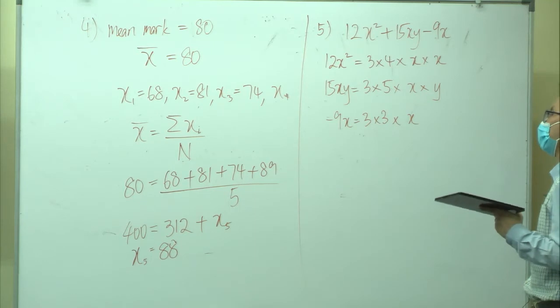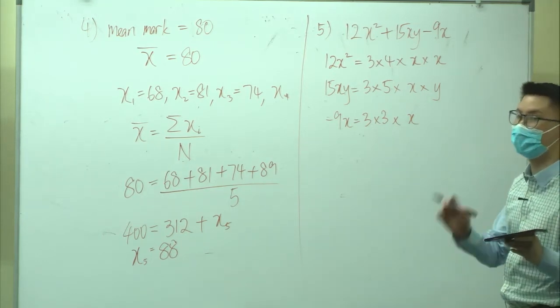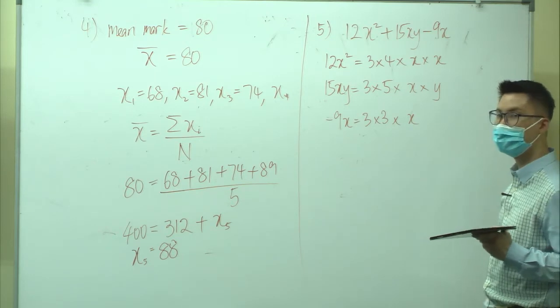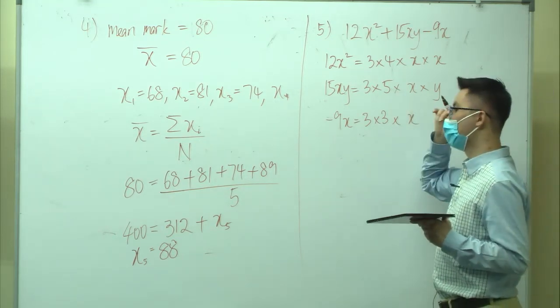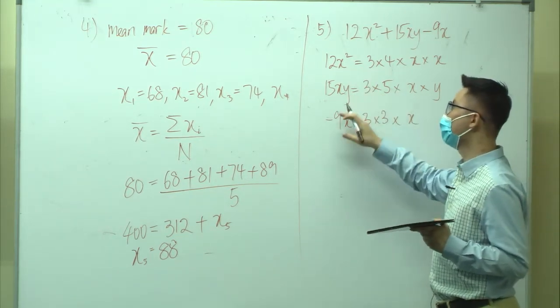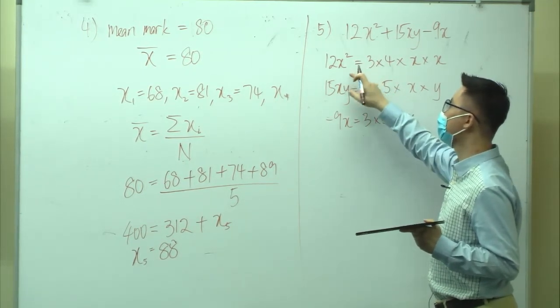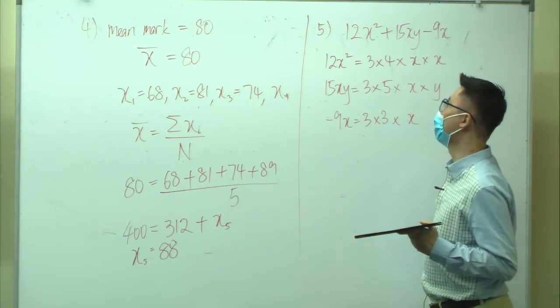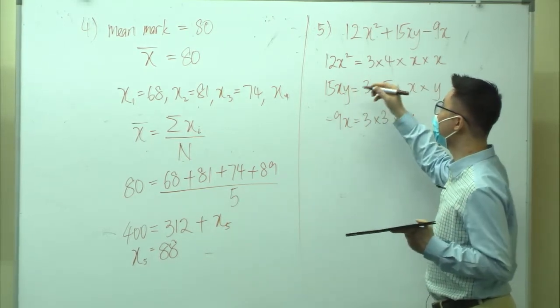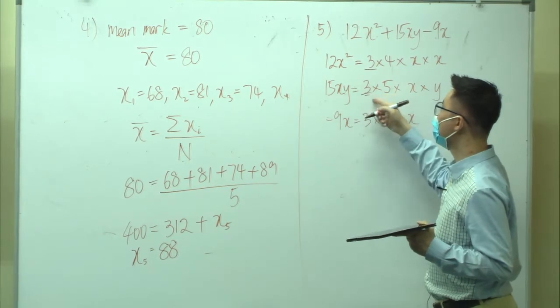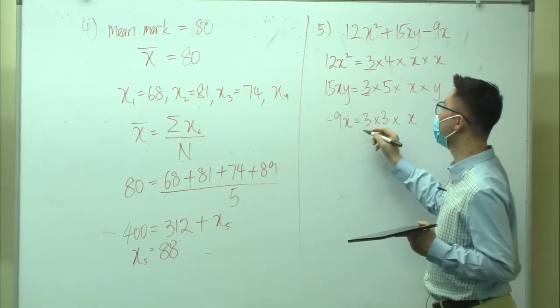See, look for the common factors. Common factors mean these 3 terms have the same factors. For this 12x squared, you have the same factor of 3, and for 15xy, you have the factor of 3, and this also, right?